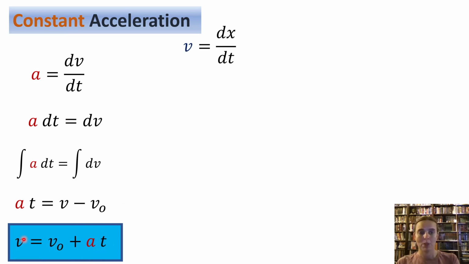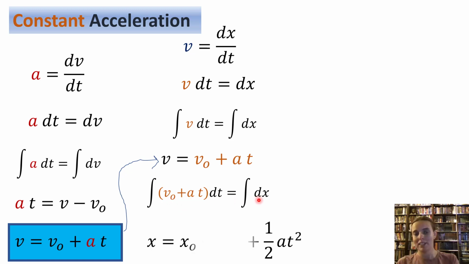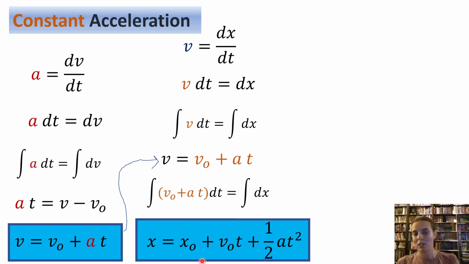What's our next step? v equals dx dt. We can crank through that calculus. We just figured out velocity is also related to acceleration, so let's plug that in here. And what does this turn into? We have x equals x naught plus v naught t plus 1/2 at squared. Hopefully you've seen this equation before too.